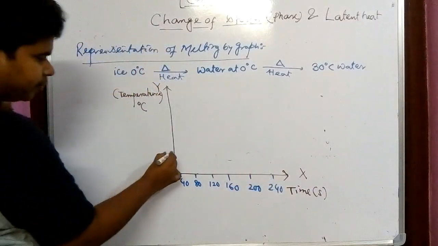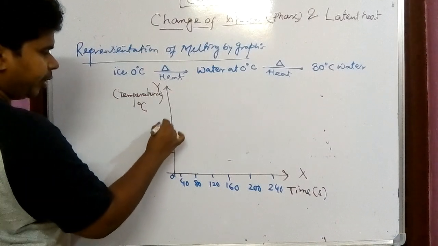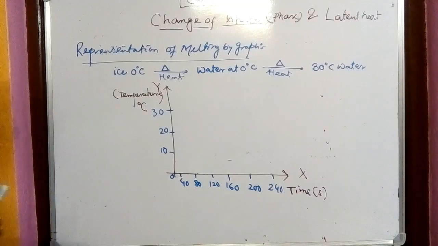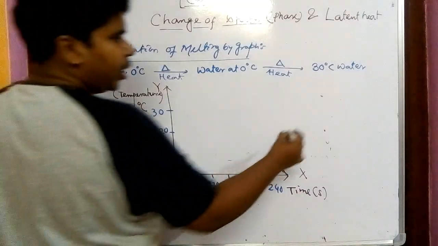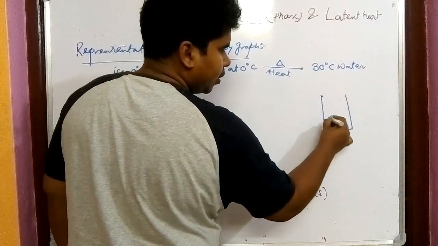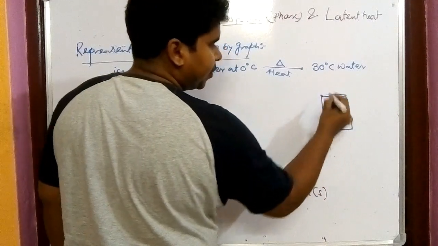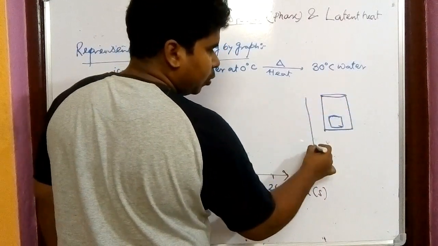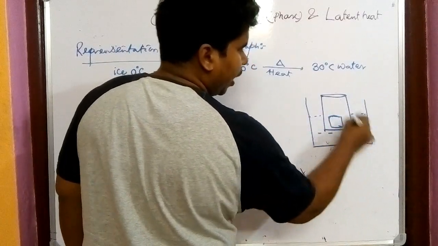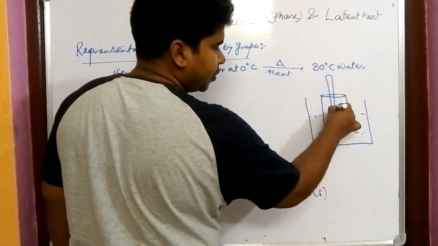And for temperature, assume here 10, 20, 30. Assume you have taken an ice cube in a beaker, and you have put it inside hot water, and you have put one thermometer in it.